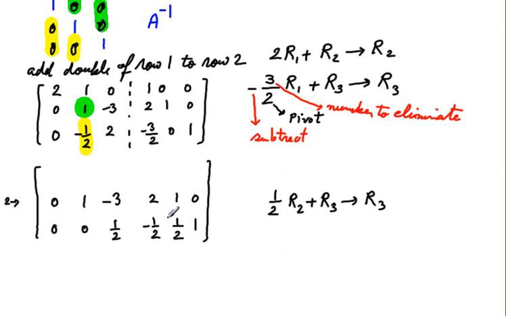Now, again, you have two options. Keep going like this and then come back and take care of elements above it, or you might choose to get rid of this entry also. Okay, so let's do it like that, handling an entire column at the same time.